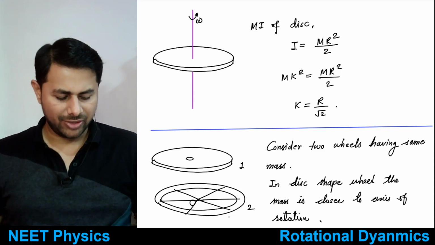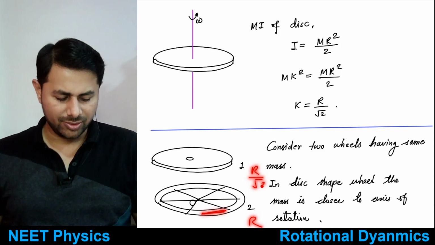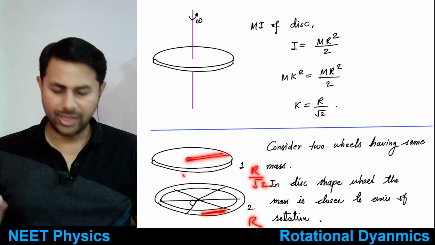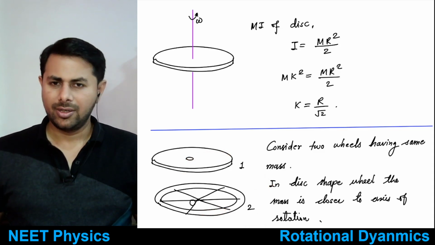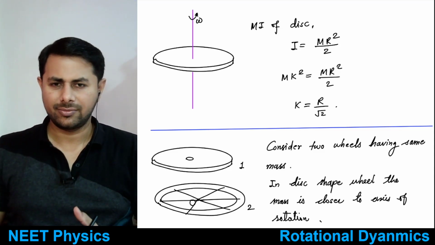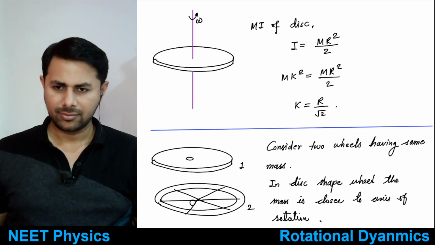So approximately you can say the radius of gyration of this one is r, and for this one is r upon root 2, right? So for the disc-shaped wheel, the mass is distributed more close to the axis of rotation. Yes, no?